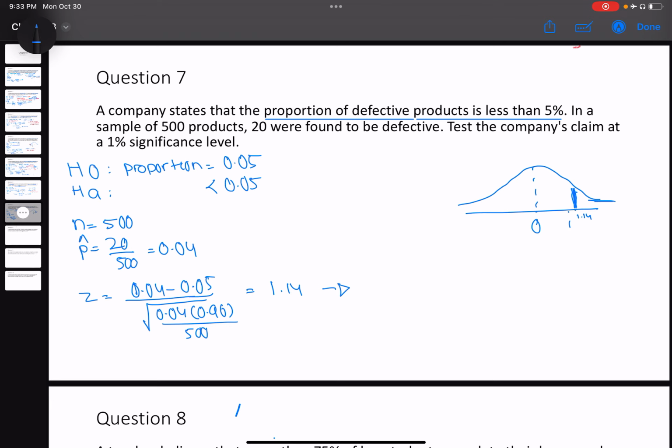If we go to the table, we can get the p-value at Z equal 1.14 as 0.1271.